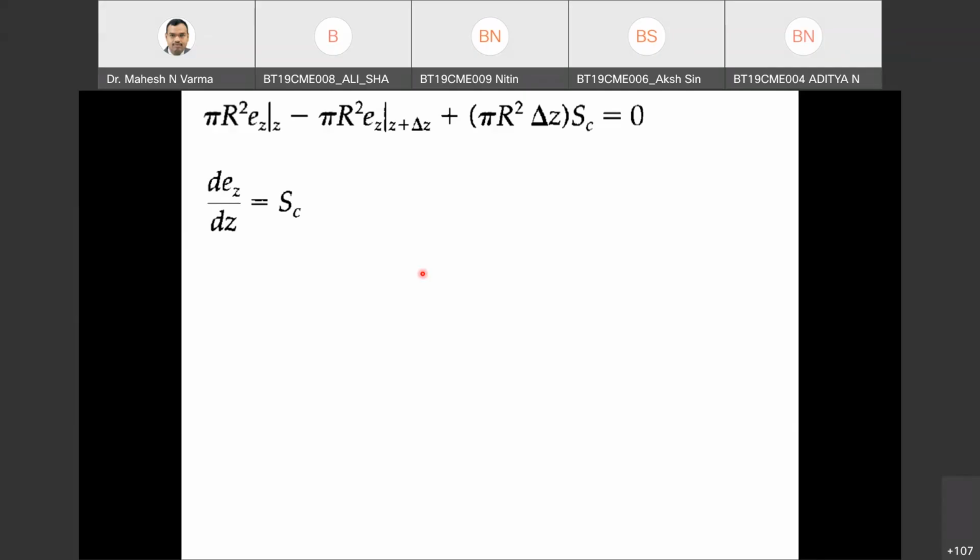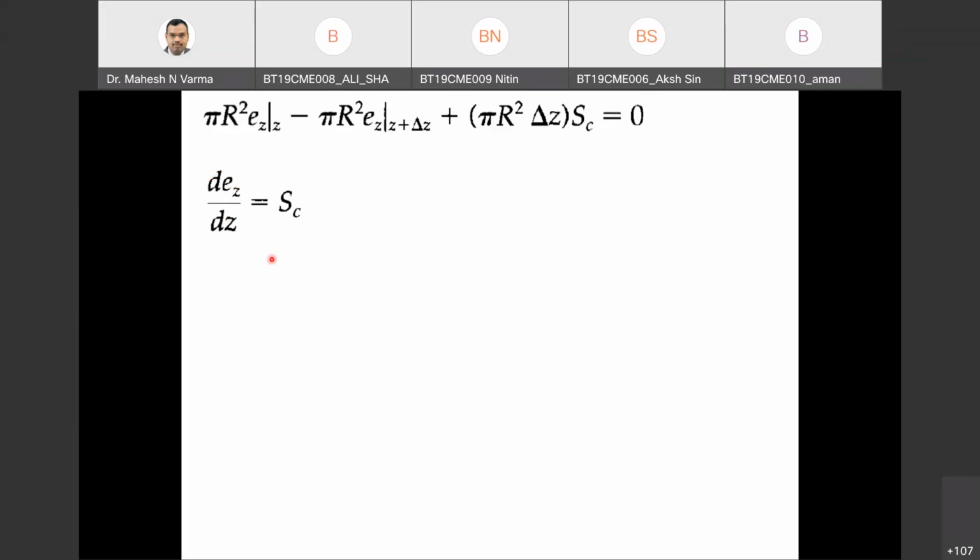Hence this overall system is divided into 3 parts. There will be one model equation for zone number 1, one for zone number 2, and one for zone number 3. This is for zone number 2. What will be the similar equation for zone number 1?